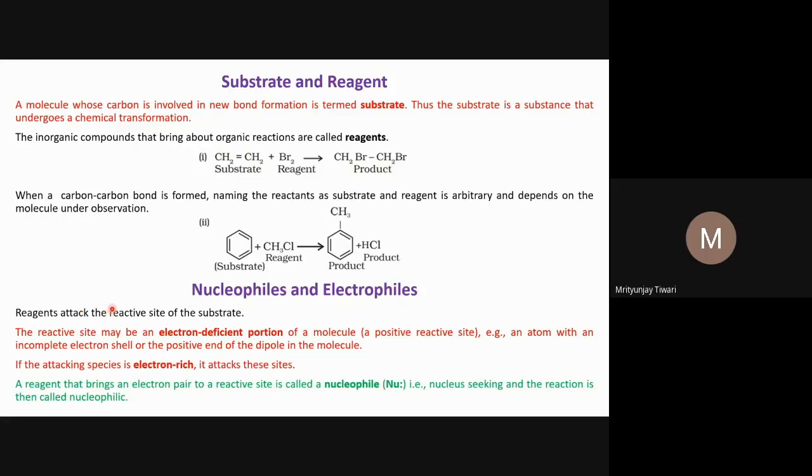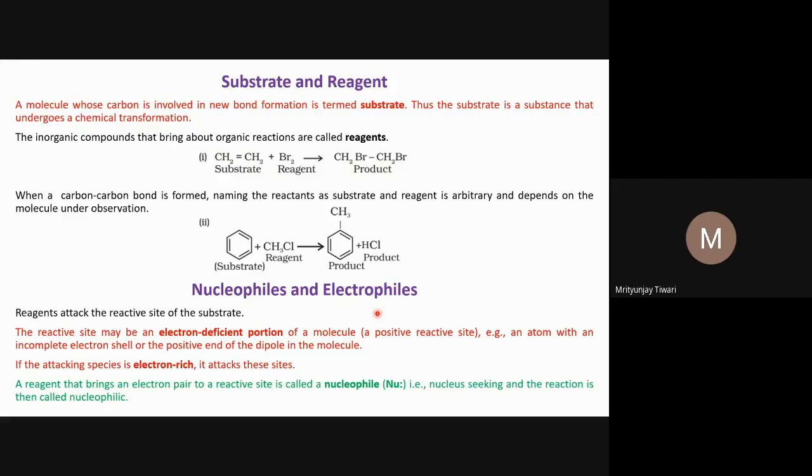Nucleophiles and electrophiles are usually reagents, and reagents we have already seen. A reagent is any species which does not provide carbon to a new bond. Nucleophiles and electrophiles can have carbon atoms as well, but mostly nucleophiles are electron-rich species having a heteroatom.